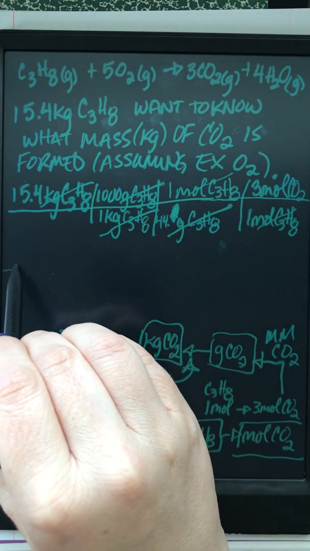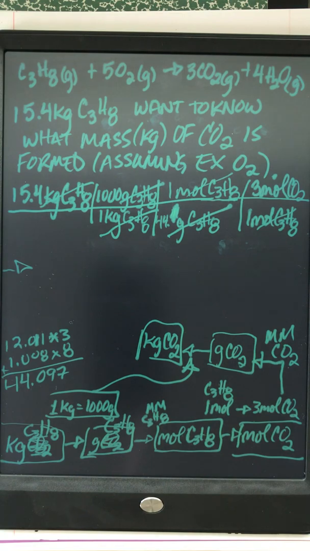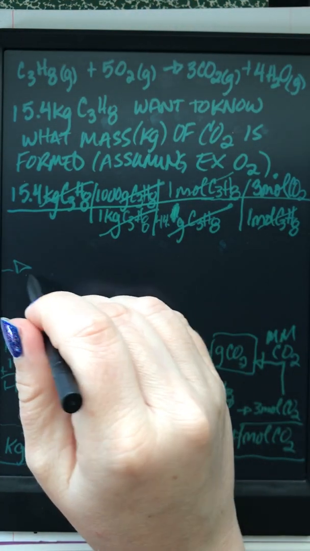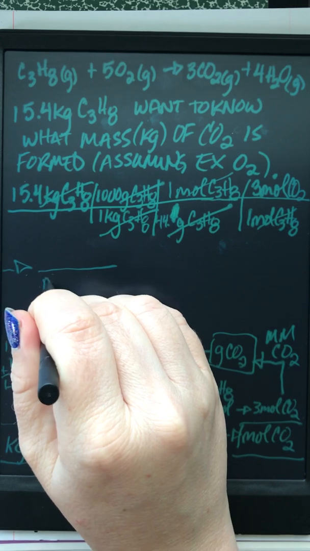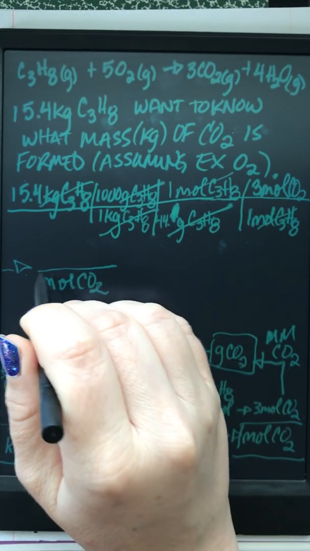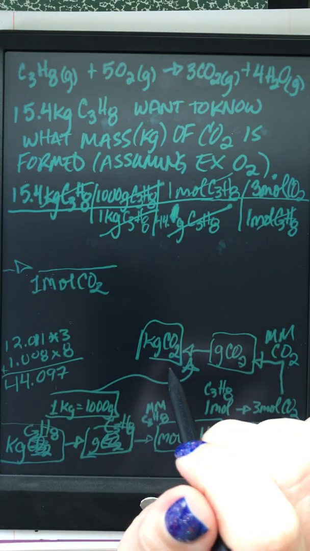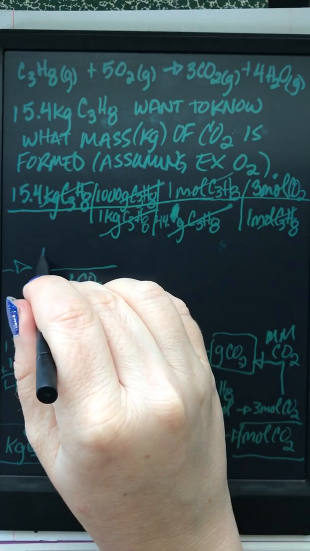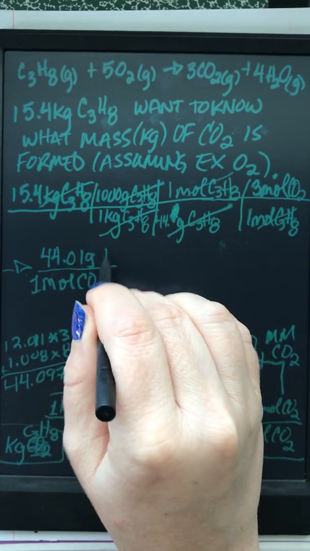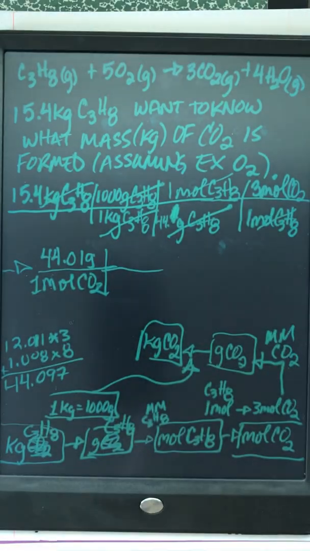And now I have to come down here and start another line. So now I have moles of carbon dioxide. What's my next step? You're going to place that on the bottom, and then find the molar mass of carbon dioxide. So for every 1 mole of carbon dioxide, there's 44.01 grams of carbon dioxide.